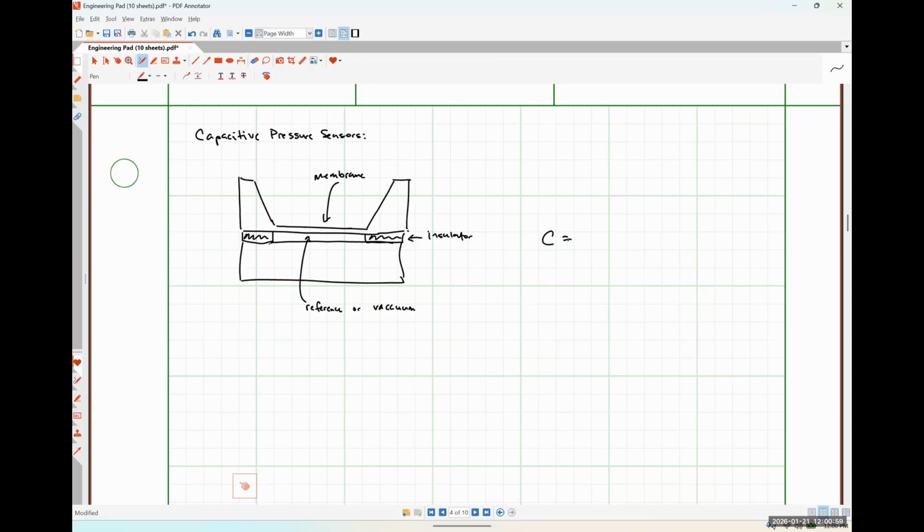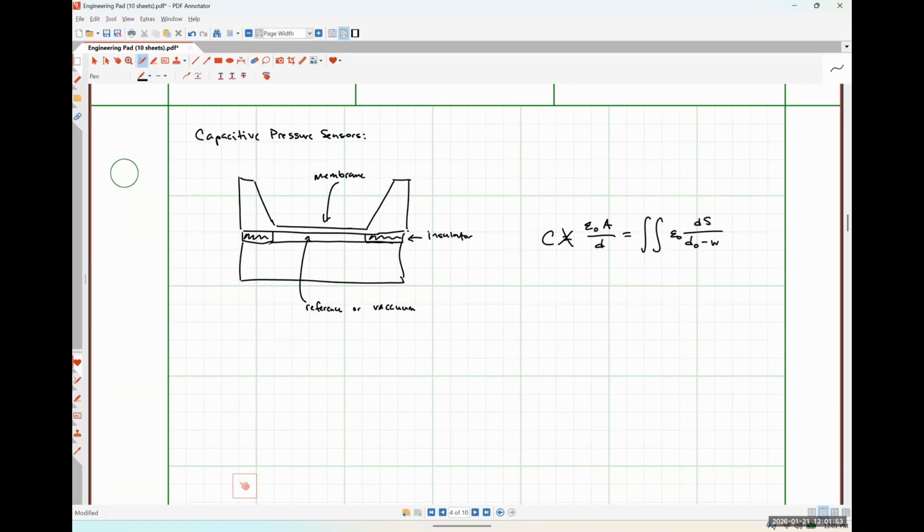I can't say that C is just epsilon naught A over D. Instead, it'll be some double integral over the surface, of epsilon naught dS over d naught minus w, where w varies depending on position, and on whether we have a square diaphragm or a circular diaphragm.